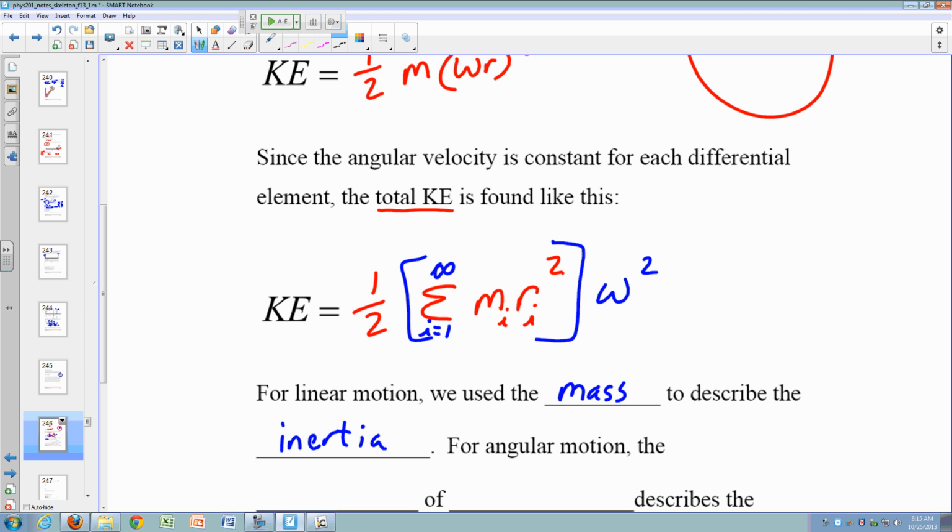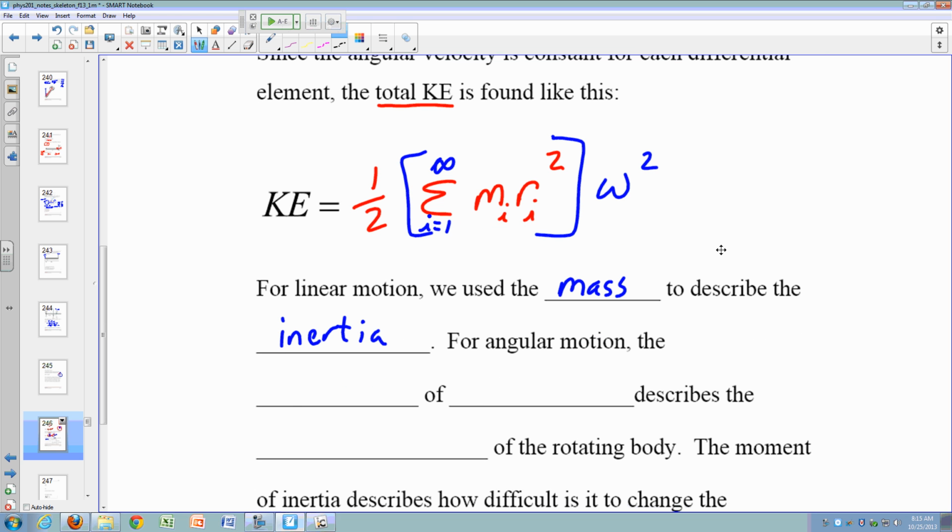Or it was really difficult to stop it from moving. You had to put a large force on it in order to stop it. In a similar way, for angular motion, we describe the moment of inertia. And this describes the inertia of a rotating body.